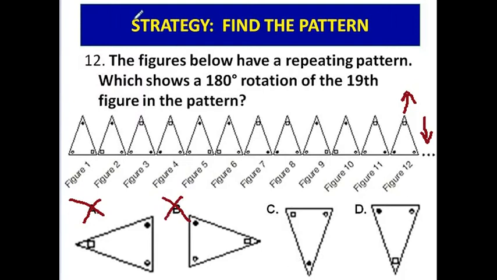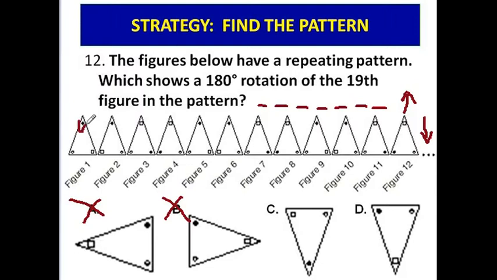All right, let's see. From figure 12, then there's going to be figure 13, 14, 15, 16, 17, 18, and 19. And the thing that I've noticed in the tip of each one of these isosceles triangles, we do have a pattern happening here.